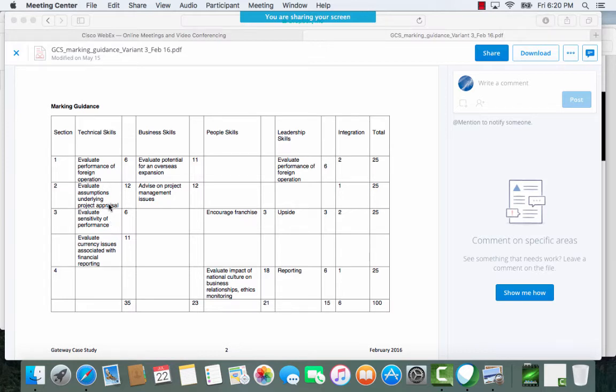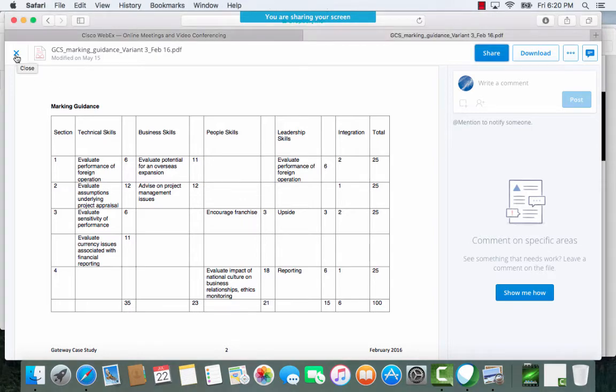The second one, project management issues, right? Advice on the project management issues. The technical part is to evaluate the assumptions underlying the project appraisal, right? So these are the two main things that they're asking. Now let's go to the answer.